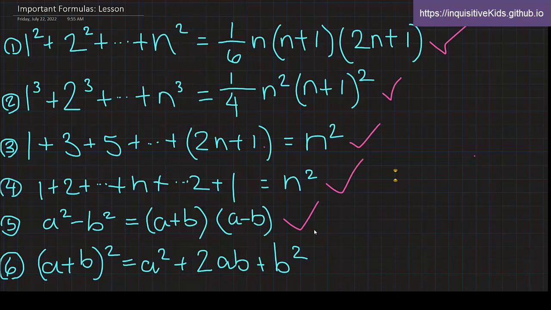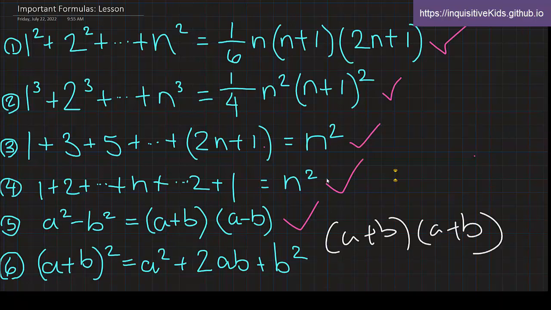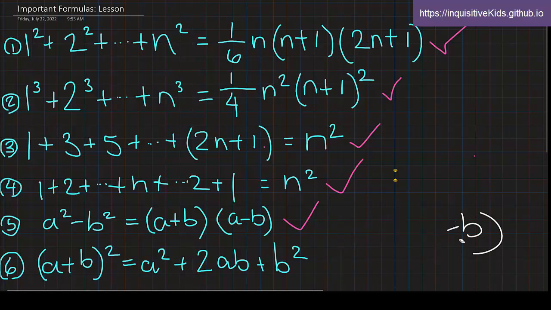And there's actually another version of this that I'm also going to talk about, just not written yet. So it's the square of the sum of a and b is equal to a squared plus 2ab plus b squared. To prove this, you could just turn this into a plus b times a plus b and use the distributive property to distribute it, and then you will get a squared plus 2ab plus b squared.